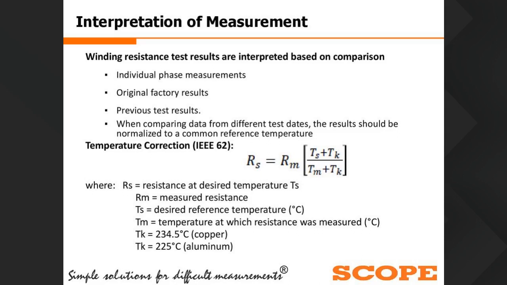Then for individual phase measurements, we need to compare the RYB phase results, and after that we can analyze. Then previous test results: if we did a winding resistance test one year back, we can compare with those previous test results.